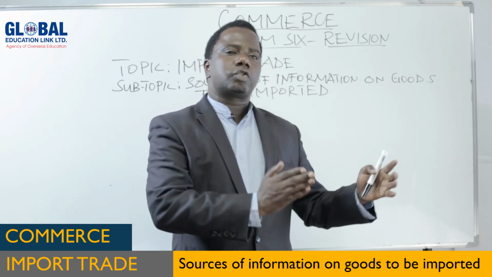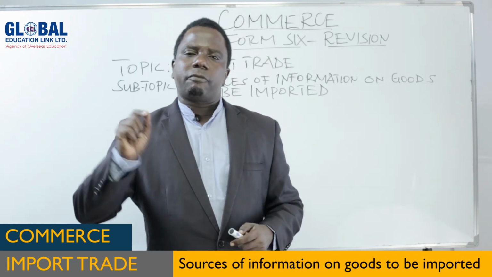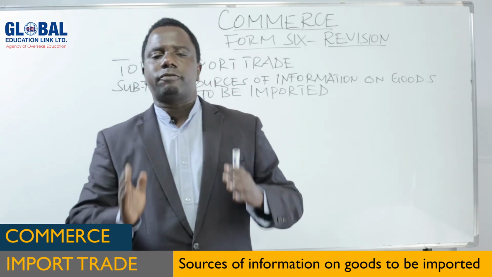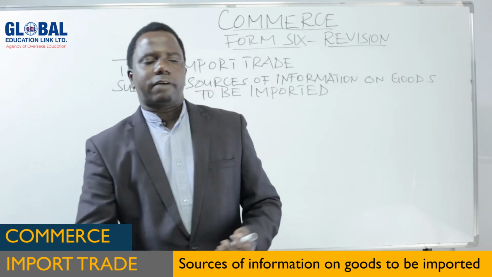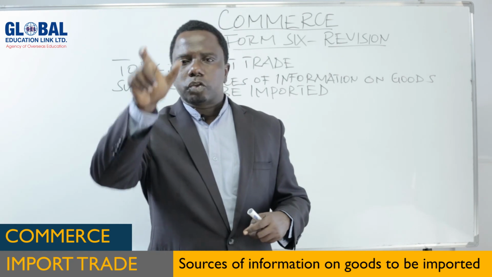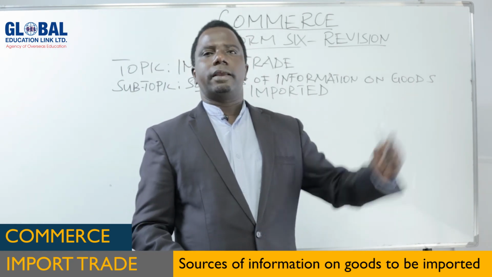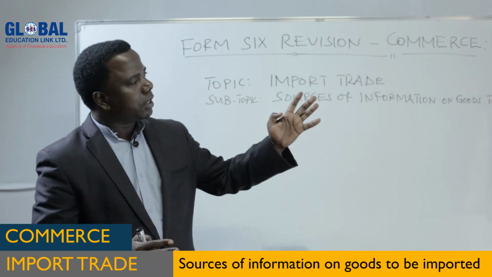And those roles which were played by the Board of External Trade are now performed by TanTrade. So it's a solution for both internal trade and external trade. And after that good introduction, now you have to explain those roles played by TanTrade to justify the statement above.